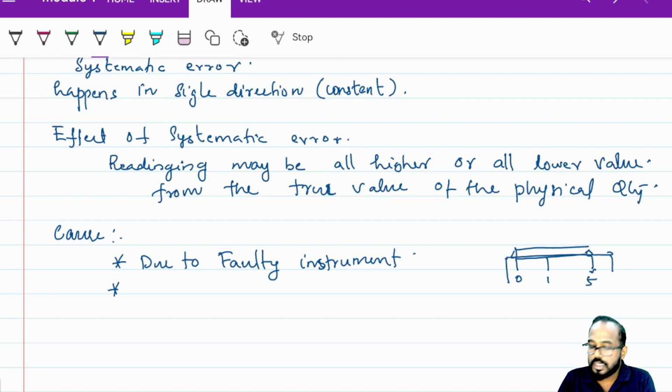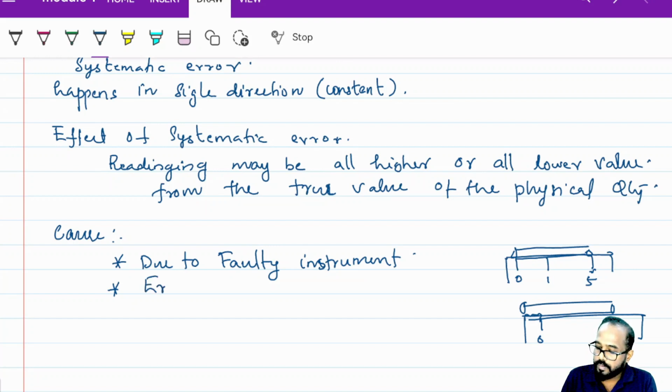This is the actual process. If they measure it starting from the end of the scale instead, then there will be an error, right? Because the 0 starts from here only. This much is missing, right? So that is another possibility, the error in the measuring process.